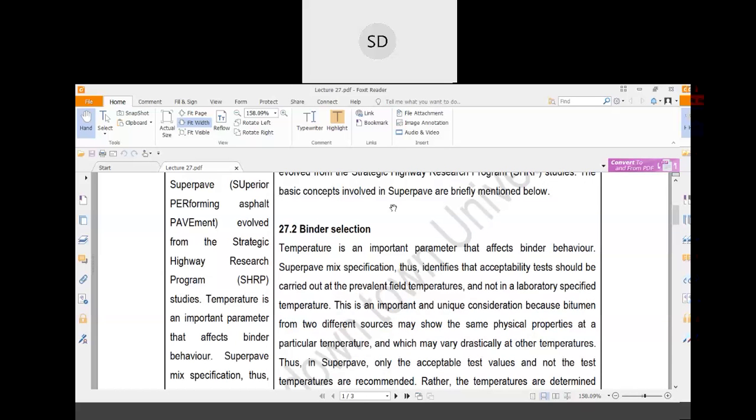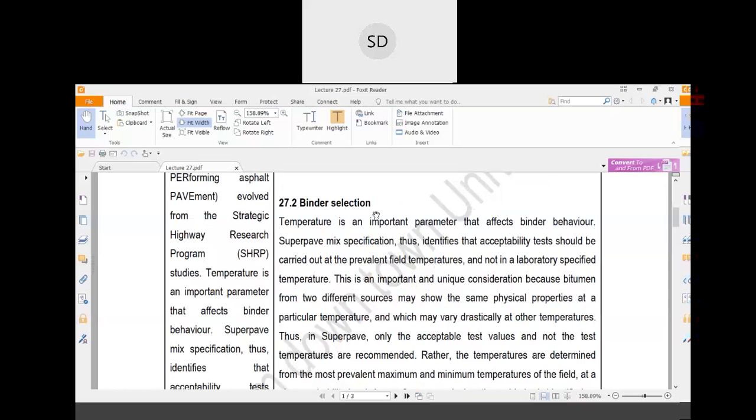In the binder selection, temperature is an important parameter that affects binder behavior. Bituminous material is highly temperature susceptible, and because of the variation of temperature, its properties change.